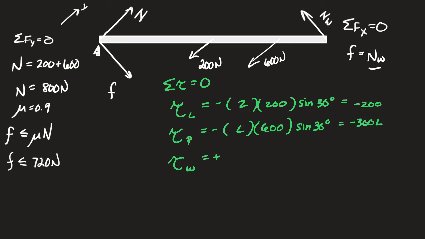Which brings me to the wall. The wall has a torque arm length of 4 meters because it's a 4 meter long ladder. And I know the maximum force the wall can apply can't exceed 720 newtons. However, this force acts at 60 degrees.